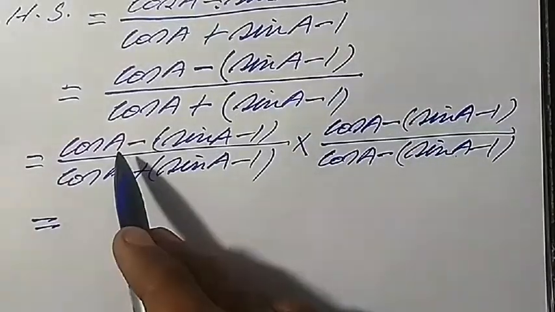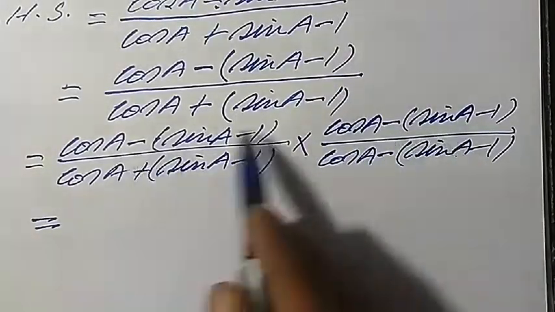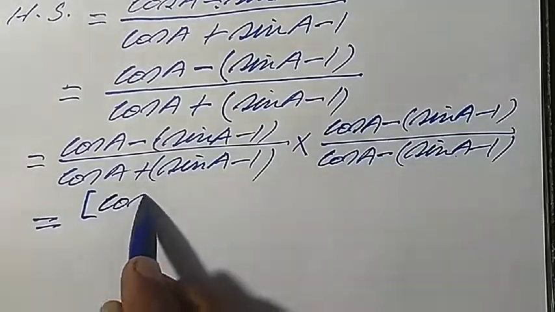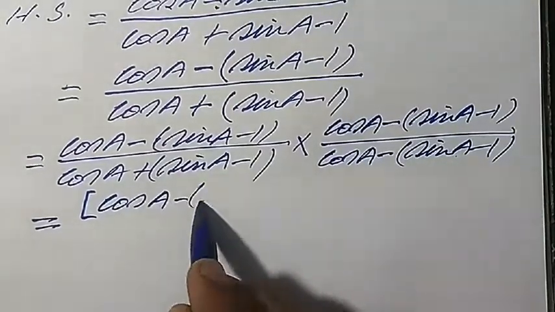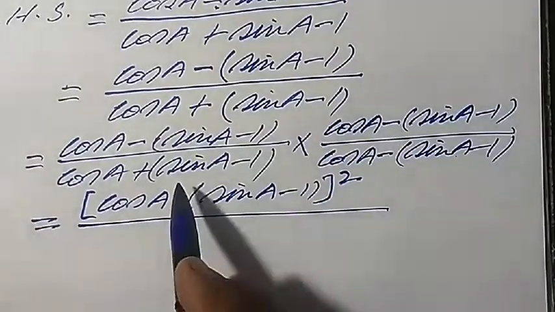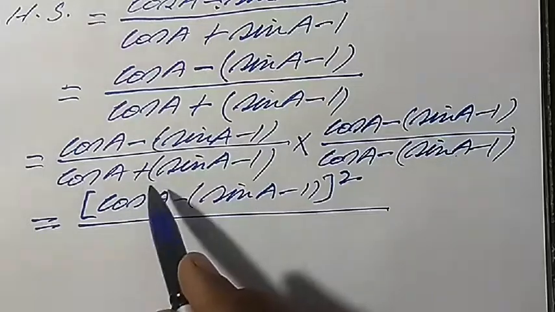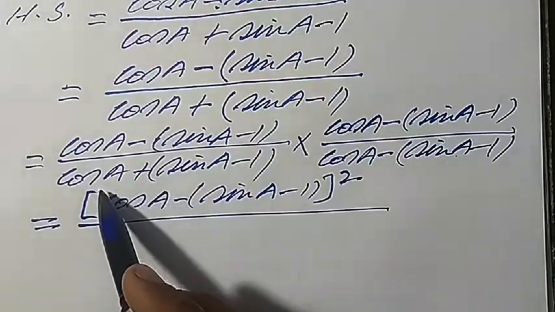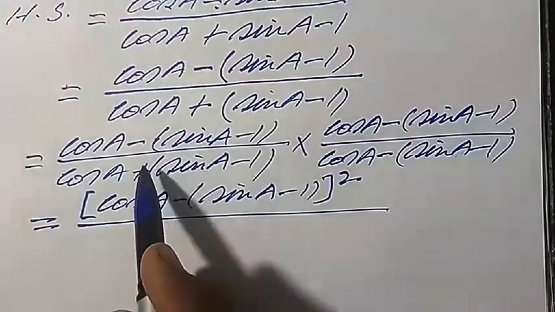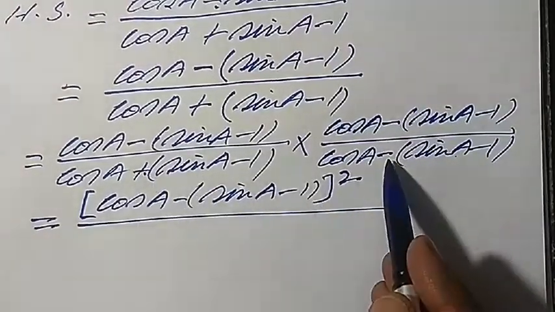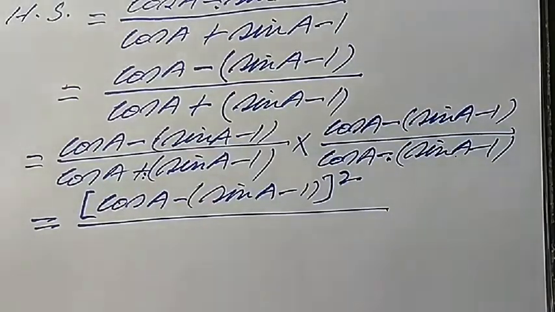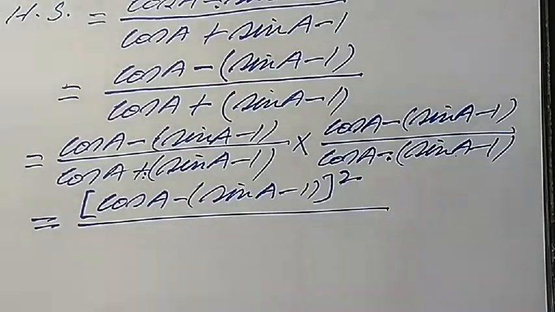In the numerator we observe we have the same expressions in multiplication, so that will be the whole square of the expression, divided by, in the denominator, this is the condition of A plus B, A minus B, because there are opposite signs between these two expressions, plus here, minus here.